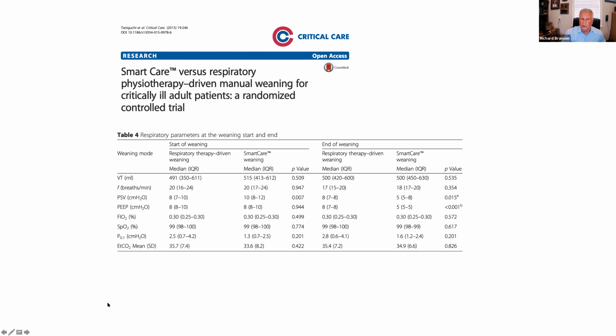And as you look through this, the parameters at the start and end, there are some issues here of very low pressure support levels, PEEP. Interesting that the FiO2 levels are so low, but they were similar, and the patients remained hyperoxic on average, even though they were on 30% oxygen. So this may, again, be the comparator that was looked at.